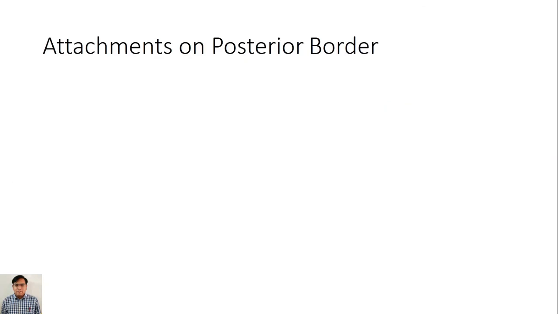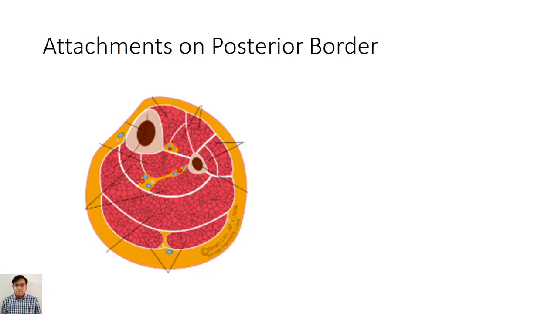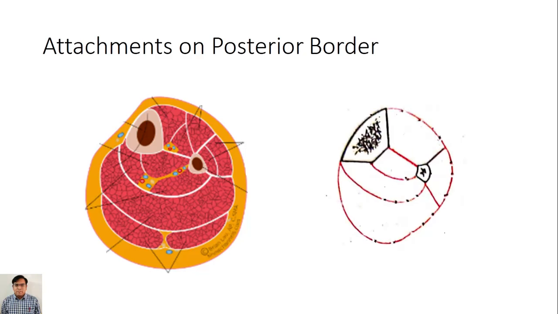Now the attachments on the posterior border, again a cut section. The posterior border gives attachment to the posterior intermuscular septum. This is the posterior intermuscular septum, which separates the lateral compartment from the posterior compartment.